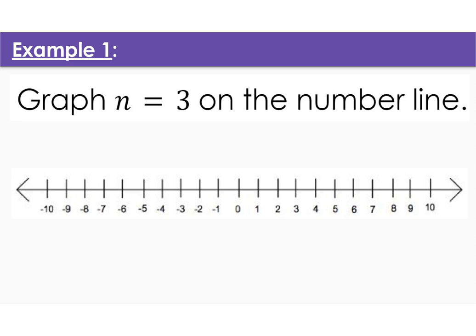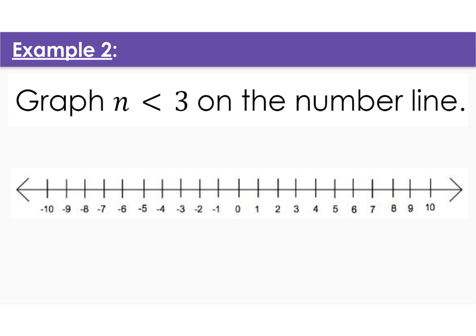So we're going to start by graphing n equals 3 on the number line. So I'm going to go through 3 and graph 3. N is less than 3, so I'm going to have an open circle because I do not have an equal to sign. And then I need to think about what this means.